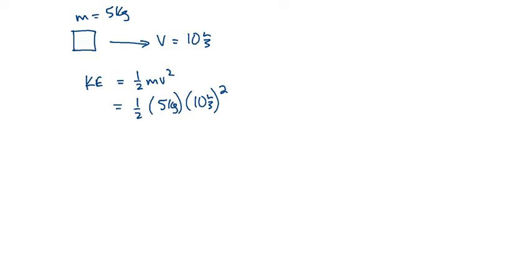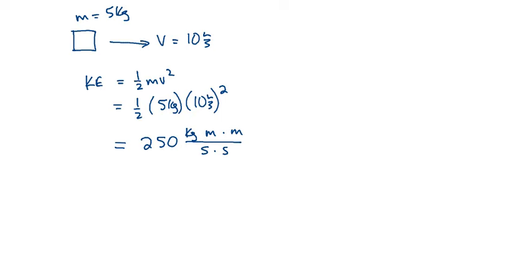0.5 for the 1/2, times 5, times 10, and I hit the squared button right there. I get 250 for the number. Let's just look at the units here. There's the 5 kilogram number, and the 10 meters per second is squared, so I'd have meters times meters on top, and on the bottom I'd have seconds times seconds. The meter is squared, the second is squared.